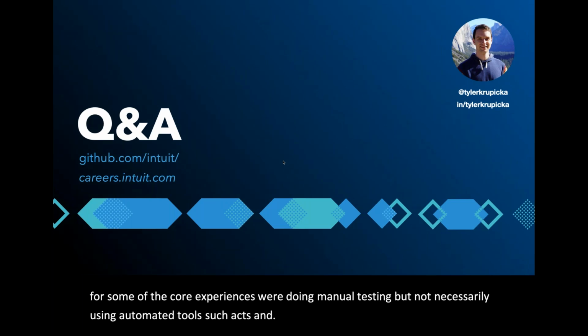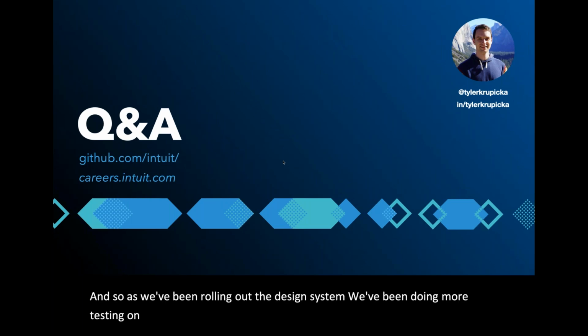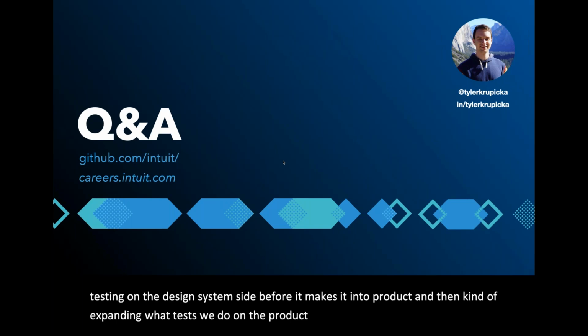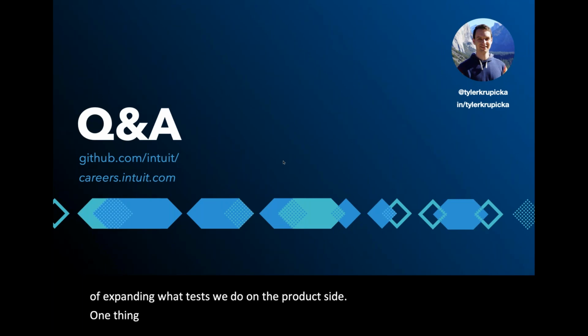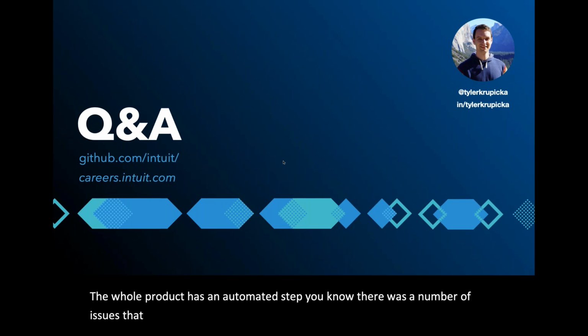As we've been rolling out the design system, we've been doing more testing on the design system side before it makes it into product, and then expanding what tests we do on the product side. One thing we found, when we added accessibility testing to the whole product as an automated step, was a number of issues that were found immediately that it took us time to actually go through and address.